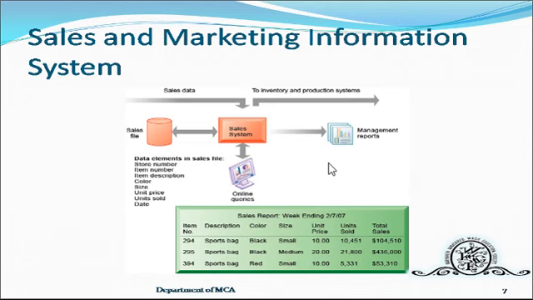Inventory and production system is another kind of system which needs the input from the sales system. This sales system also solves the online queries. For that, sales reports are generated.